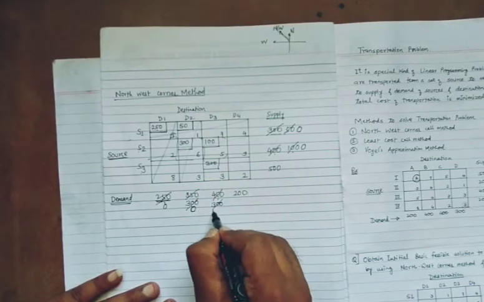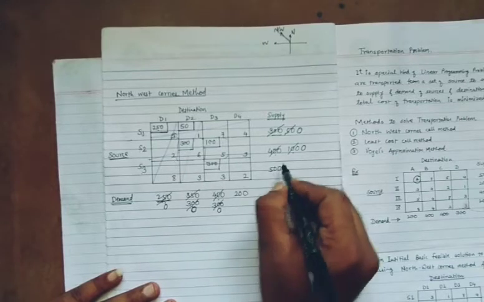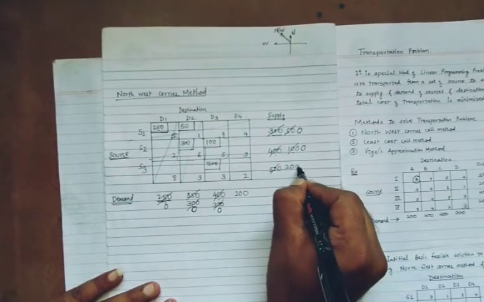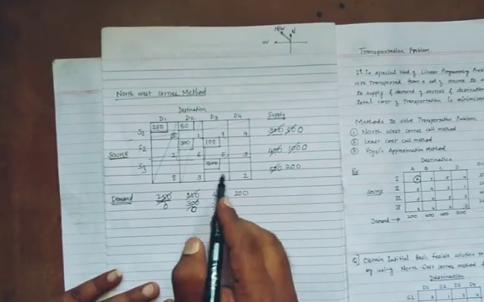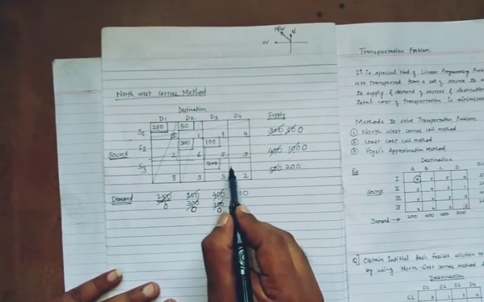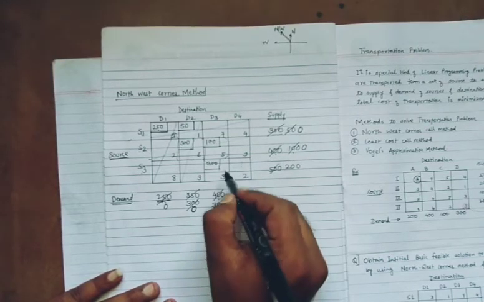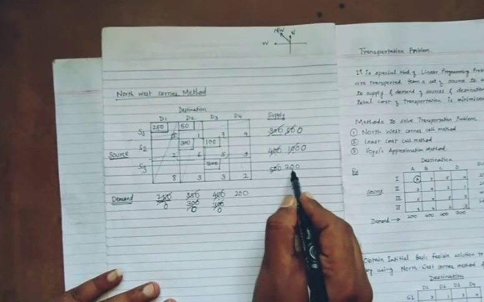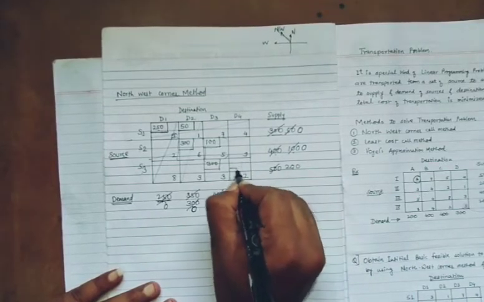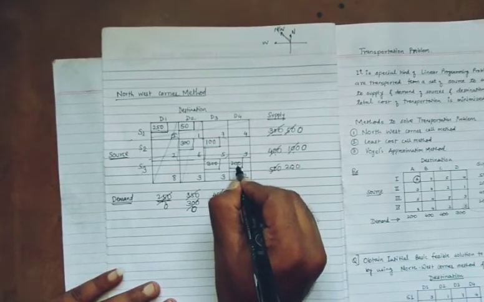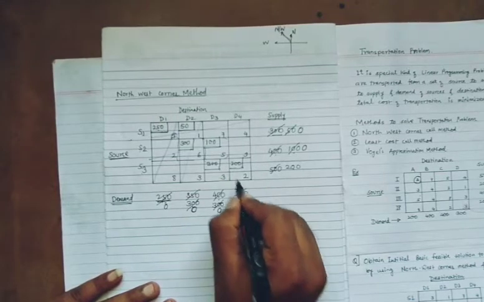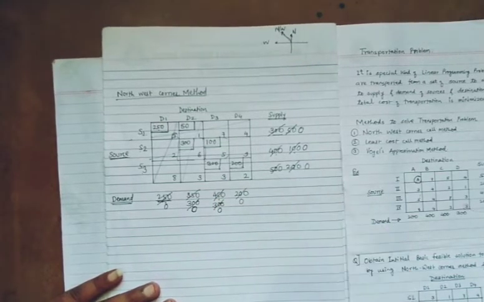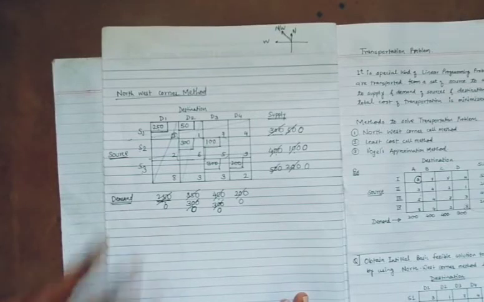Then 300 minus 300 becomes 0, and 500 minus 300 becomes 200. And the only remaining cell is this cell, so its supply is 200 and demand is 200, so we just write here 200. So this 200 minus 200 is 0, and this 200 minus 200 is 0. So our problem gets solved.